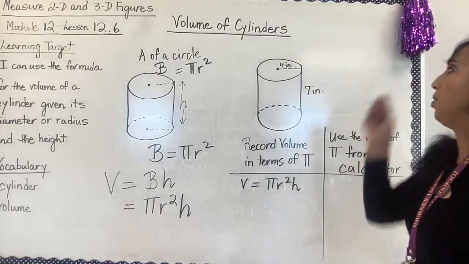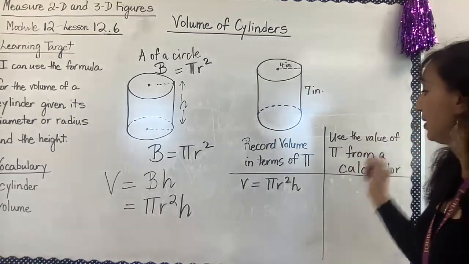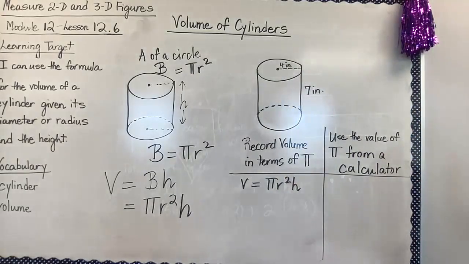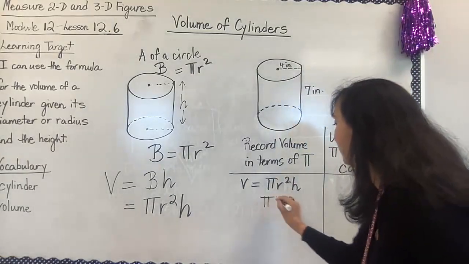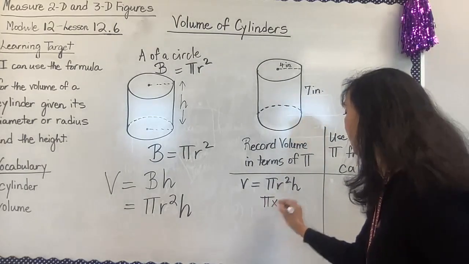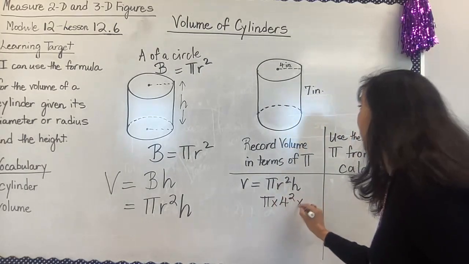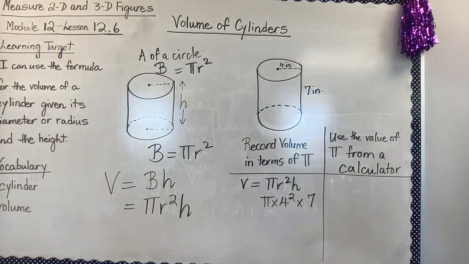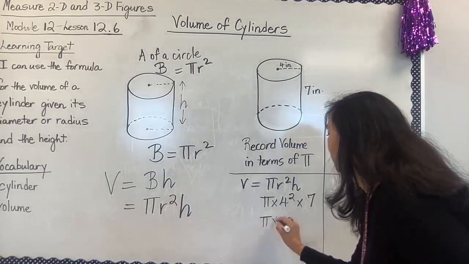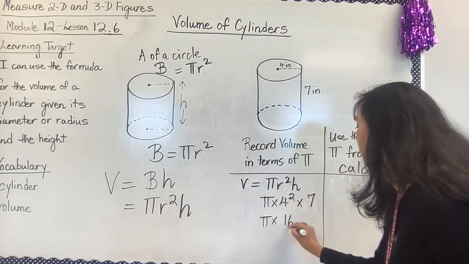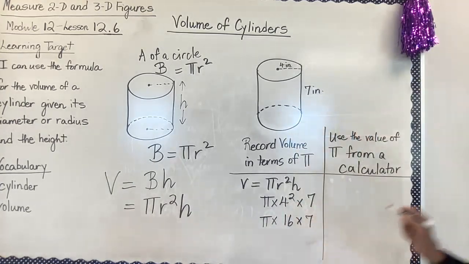Here r is 4, so I'm going to do pi times 4 squared, times my height, which is 7. So I get pi times 4 squared, 4 times 4 is 16, times 7.